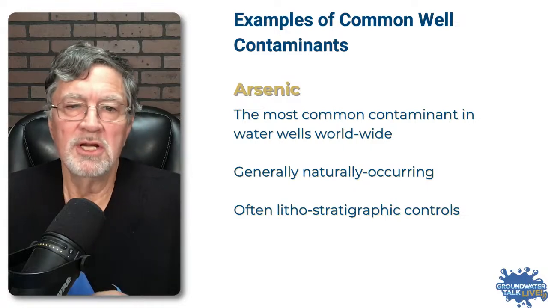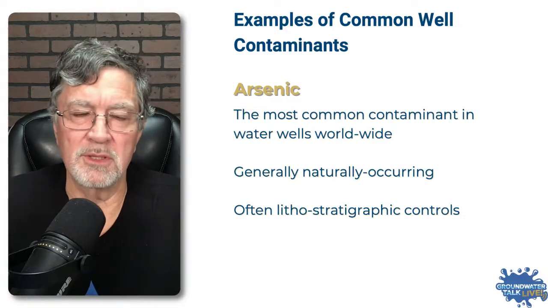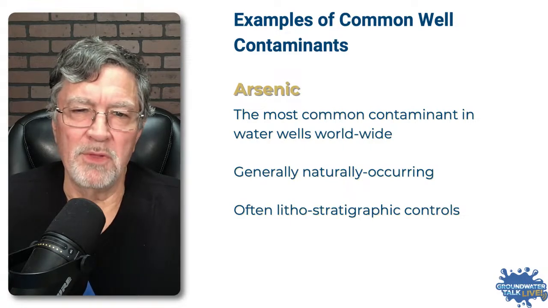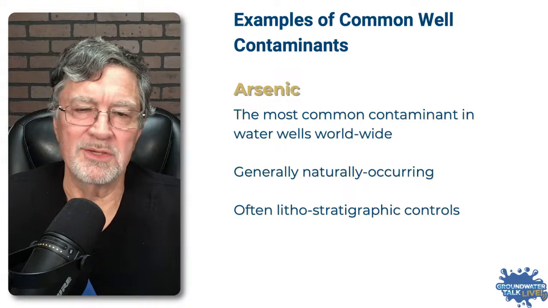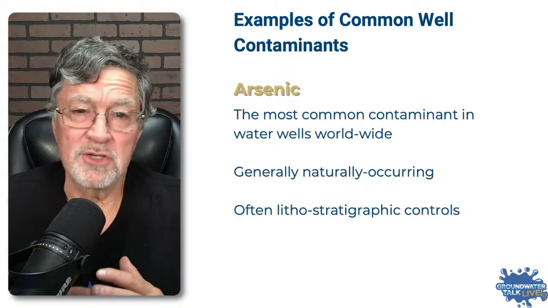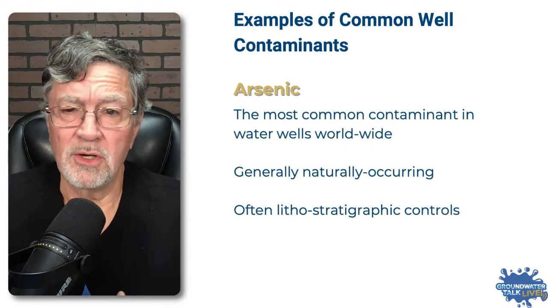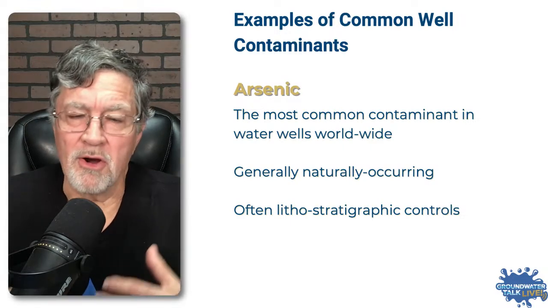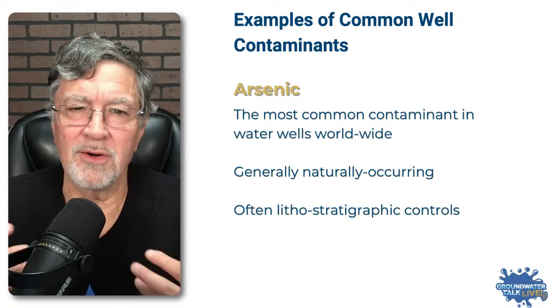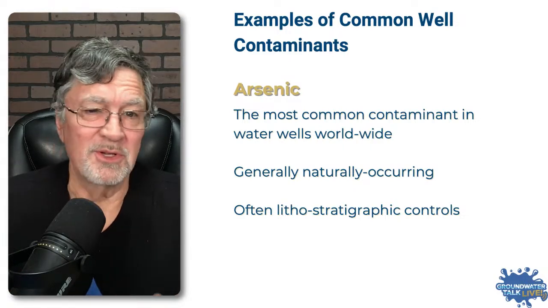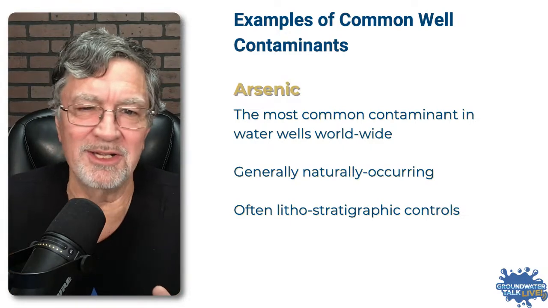And by that, I mean there's usually some lithology, a rock type, where the arsenic is prominent. And if you screen across that in a well, you're going to have arsenic issues. It can be arsenopyrite. There are a number of arsenic compounds that show up. There's a lot of chemistry to it that we're not going to get into.